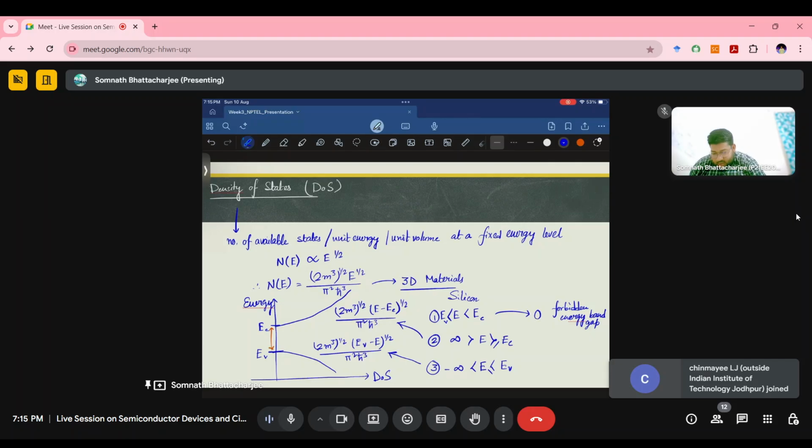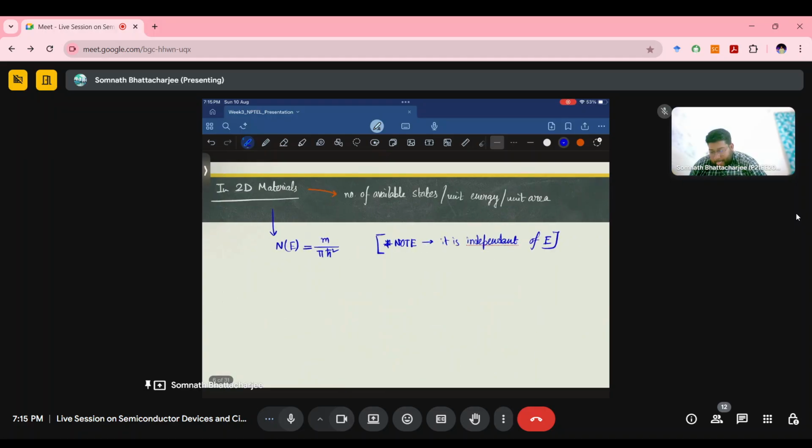Based on these structures, there are forbidden areas where the electron stays inside the conduction band or the valence band. But in case of 2D materials, there are no separate cases, as there is no dependency on the energy values.